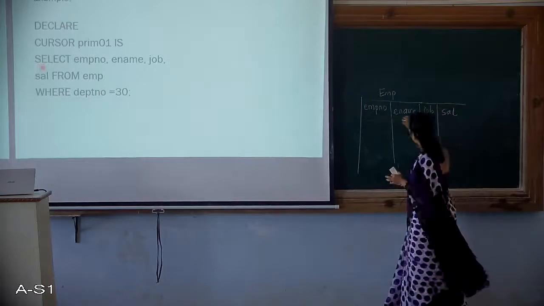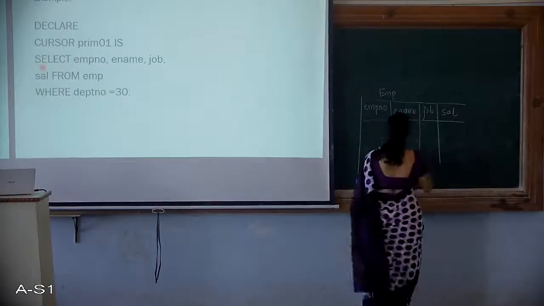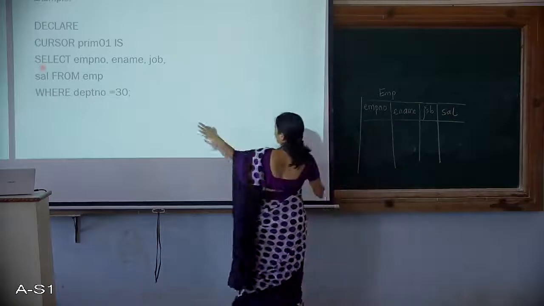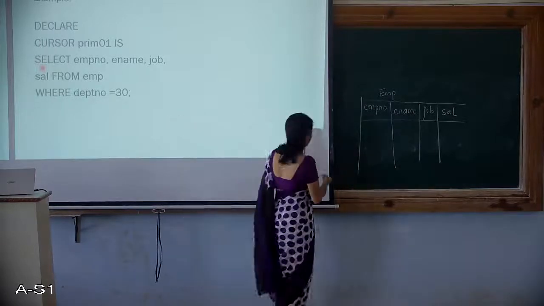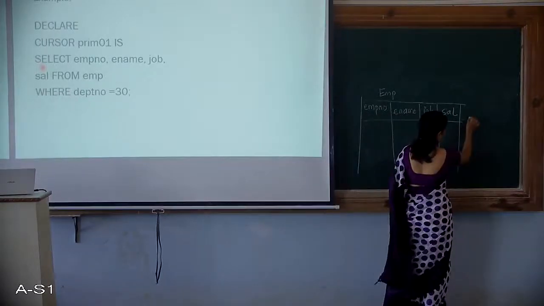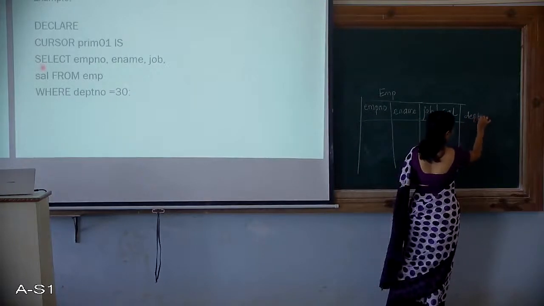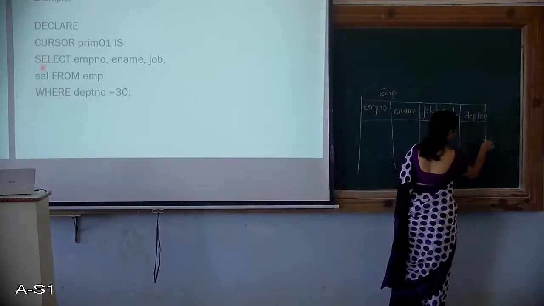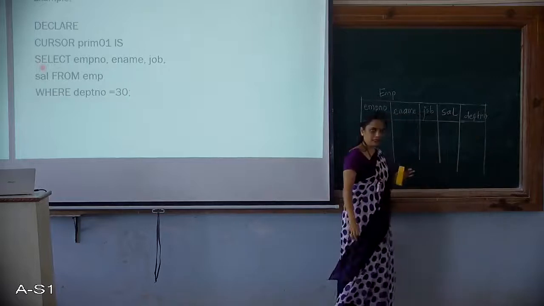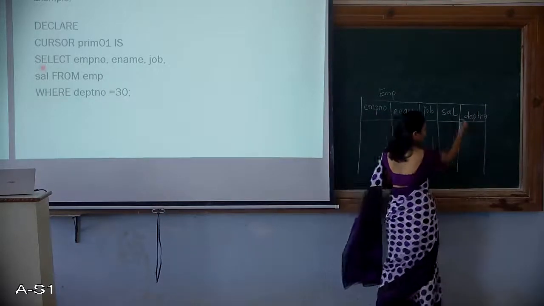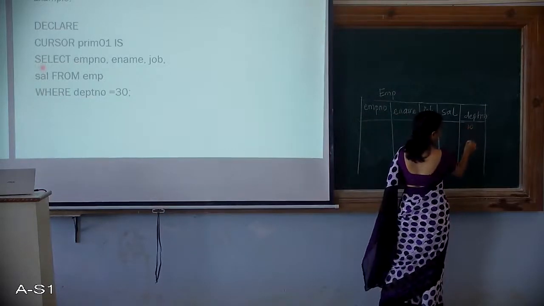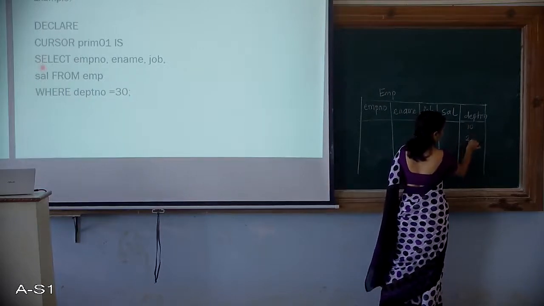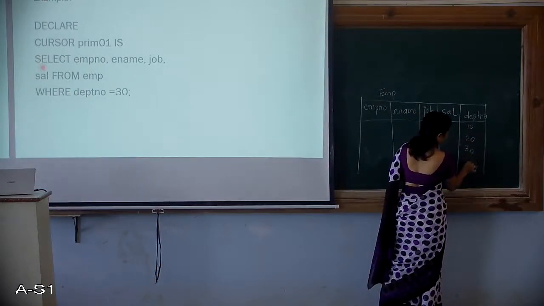So these are the 4 things. And definitely when I'm talking about a department number, maybe there is another field which is department number, and there different department numbers are there, and out of the different departments maybe there is department number 10, then there is 20, then couple of them are 30.